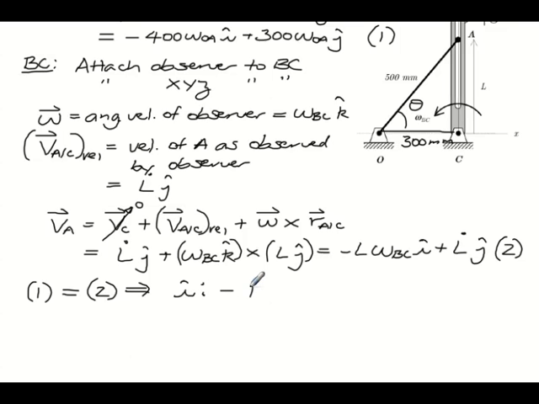So minus 400 omega OA is balanced out by, on the I components, minus L omega BC. And the J component, 300 omega OA, must be balanced out with an L dot.